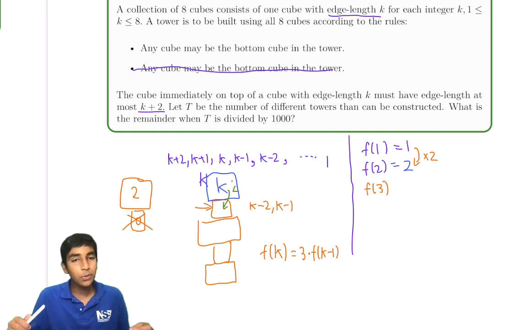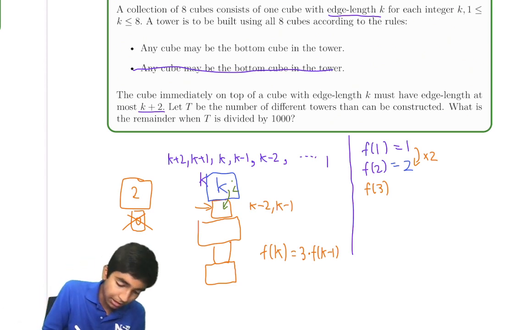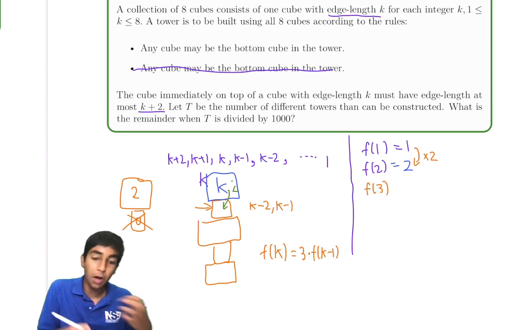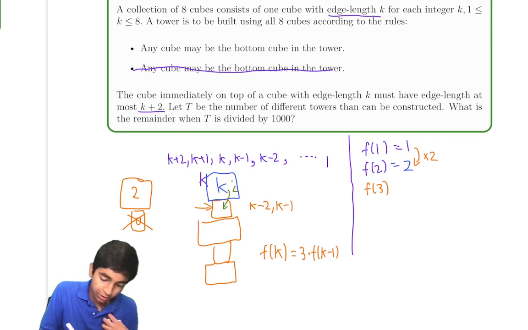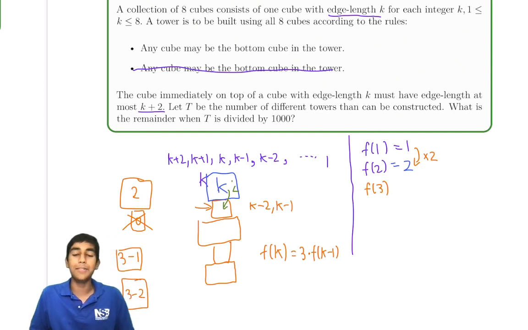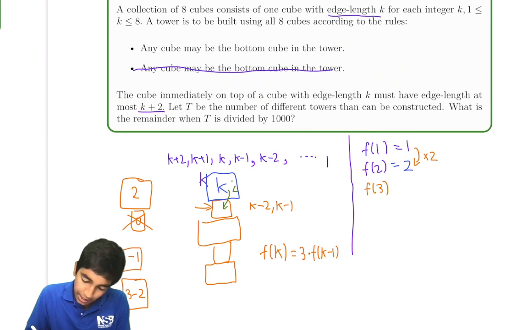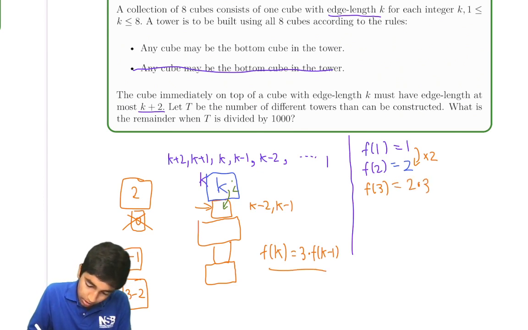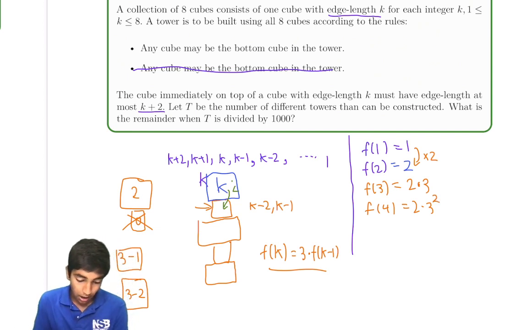But for anything larger, we should be fine, because you can place at the bottom. Cube 3 can be placed at the bottom, over cube 3 minus 1, and over cube 3 minus 2. Over cubes 2 and 1. So there's 3 choices. So from here, f of 3 is 2 times 3 by this recursion, f of 4 is 2 times 3 squared, and so on, all the way till f of 8.